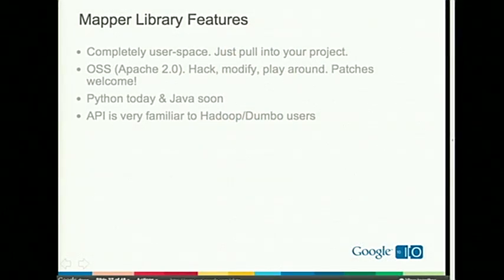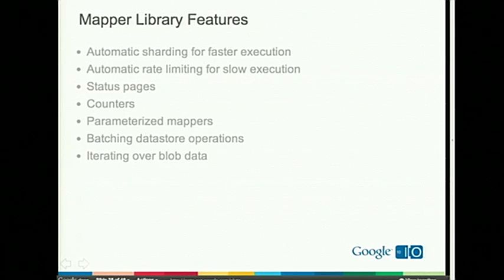Unfortunately, the Java version was not in a state we're happy to open right now, but it will come really, really soon. And we tried to make all the APIs very familiar to Hadoop and Dumbo users so that it's close to being source compatible. What in reality it means is, if you know what Hadoop or Dumbo is, you can start really fast.